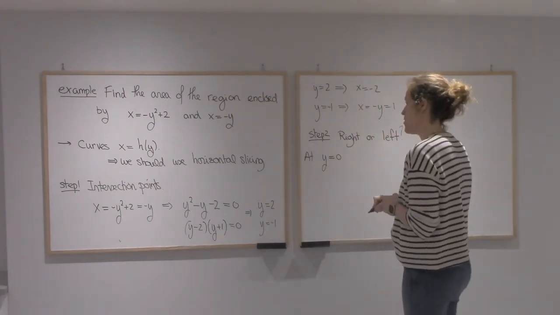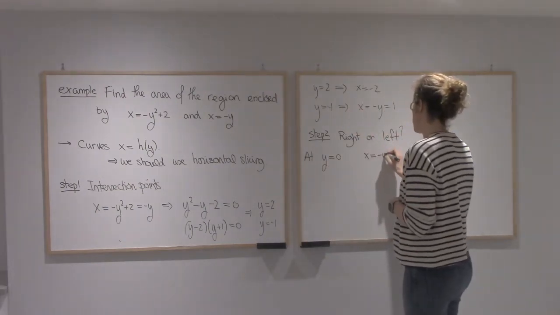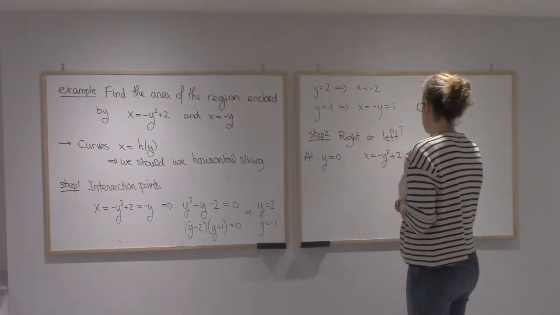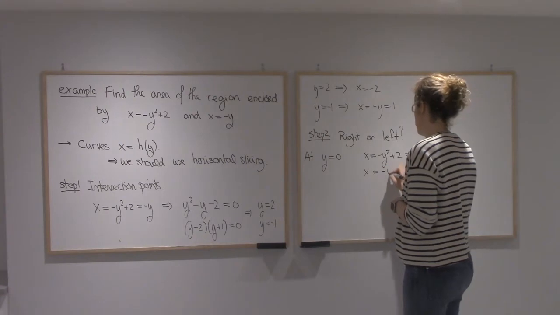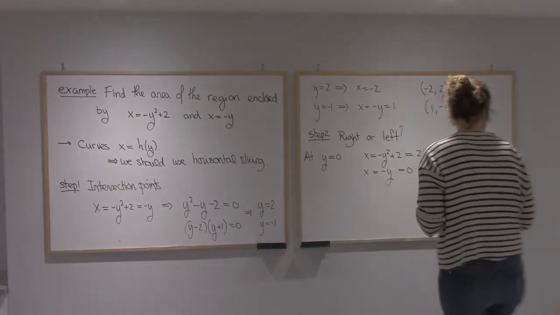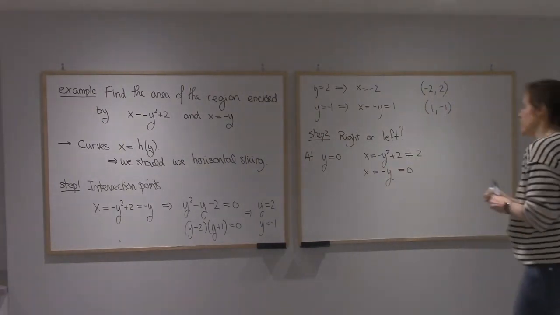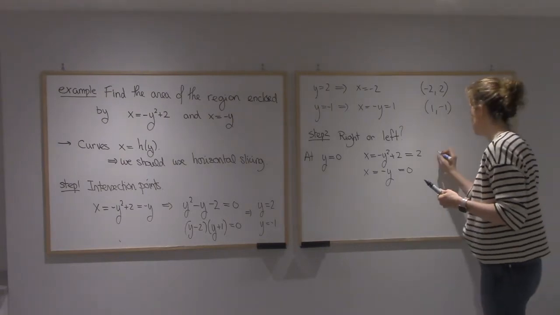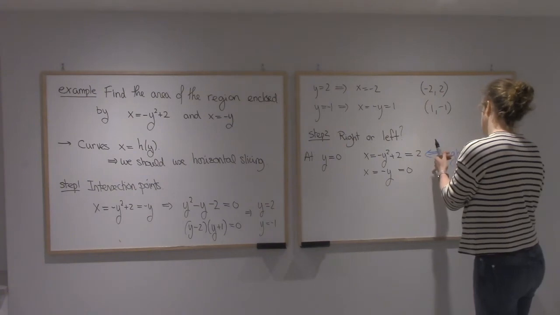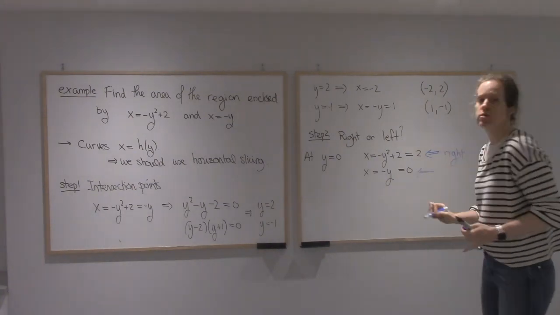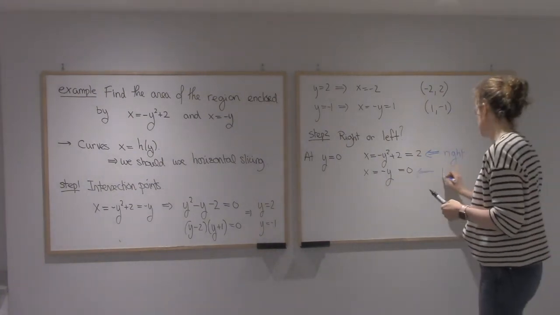I'm going to have, for one curve, 2. And for the other curve, I'm going to get 0. So the one with the biggest x value, that one will be further right. The one with the smallest one will be further left.